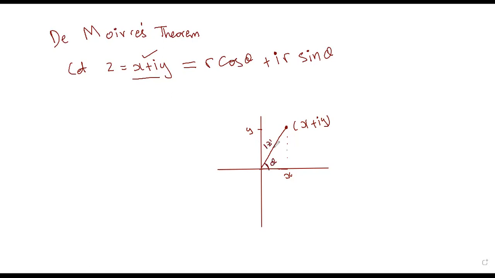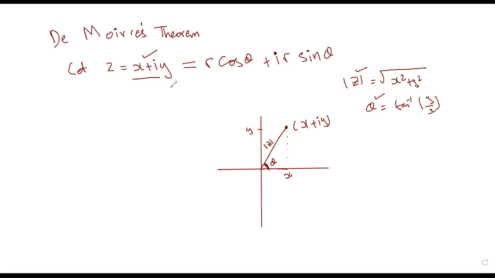We have discussed this already, that we define z mod as under root x square plus y square, and we define theta as tan inverse y by x. So this is the argument angle, so I've written it as theta, and this is the mod. Are you clear till this part? We have discussed this already.